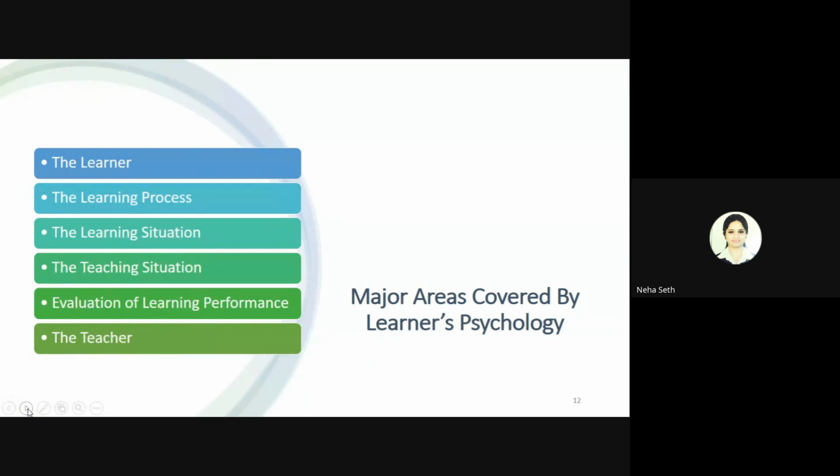The next one is learning situation. So to be specific, when I'm saying the word learning situation, I'm more talking about the classroom environment. Okay, the environment that we are providing. So earlier also I have mentioned the classroom doesn't mean the four walls and the terrace that we have in our class. It means the people we are surrounded with.